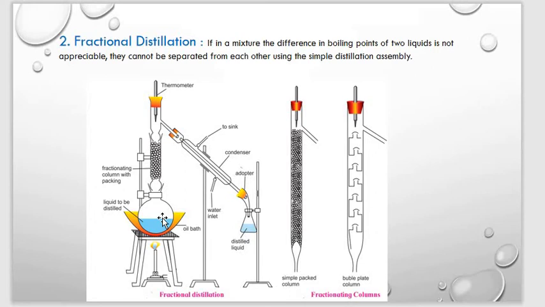Mixtures like acetone and methyl alcohol can be purified by the fractional distillation method, and acetone and benzene could also be separated by this method.